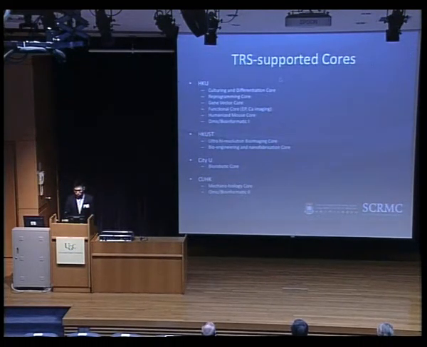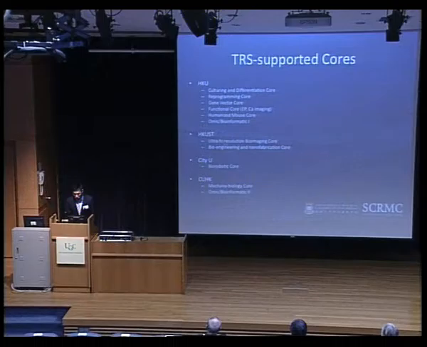Infrastructurally, with the TRS support, we have built multiple cores. At the HKU, we have the culturing and differentiation core, reprogramming core, gene vector core, and a functional core with robotic setups to look at electrophysiology and also calcium imaging, a humanized mouse model, and an omic bioinformatics core. There are 2 components. One is the HKU, the other one is the CUHK.